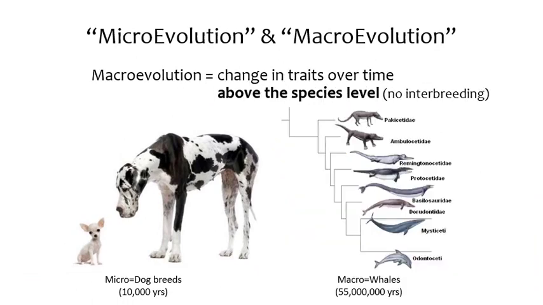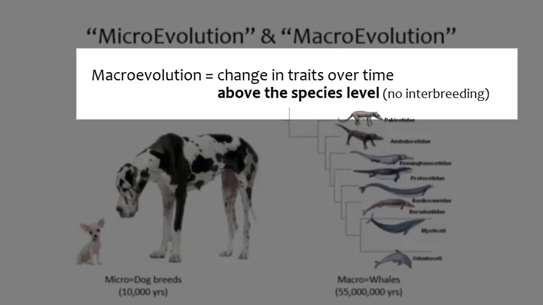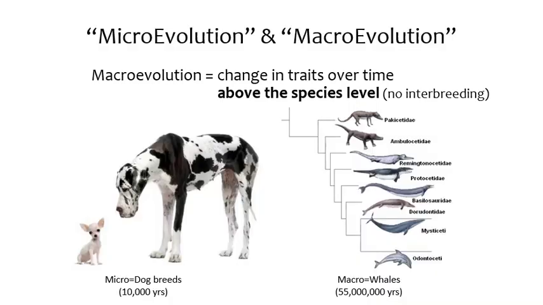Macroevolution refers to the evolution of anything above the species level: a species, genus, family, etc. These changes build up until they become reproductively isolated. Macroevolution happens at a macro amount of time.